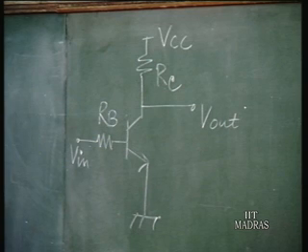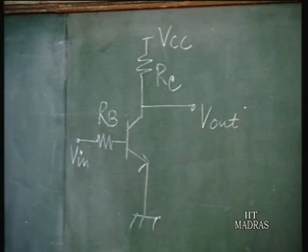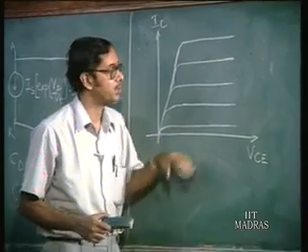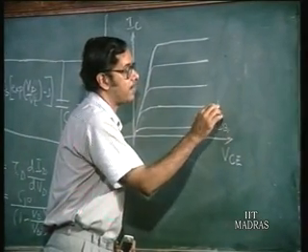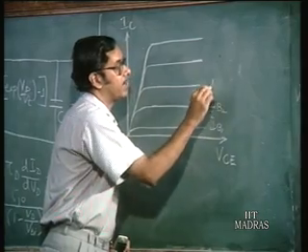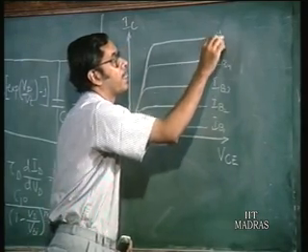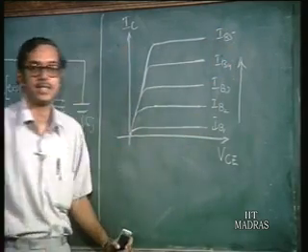Now, in order to understand this circuit, let us come to this output characteristics. This gives us the collector current for different values of base current, versus VCE.